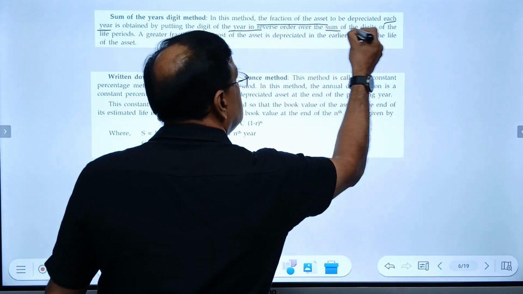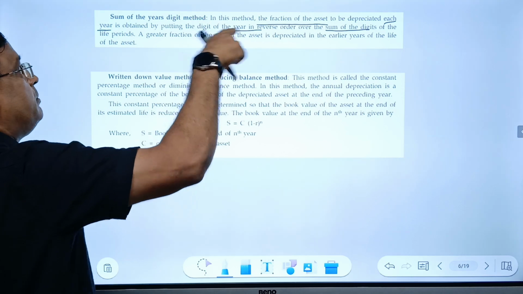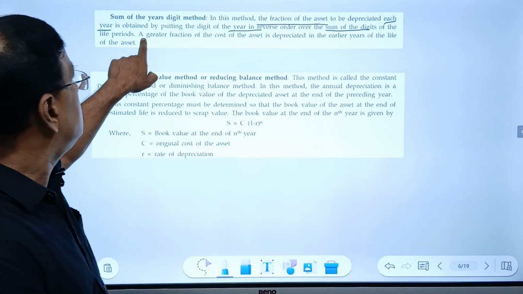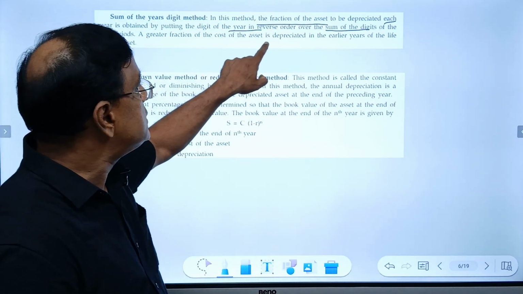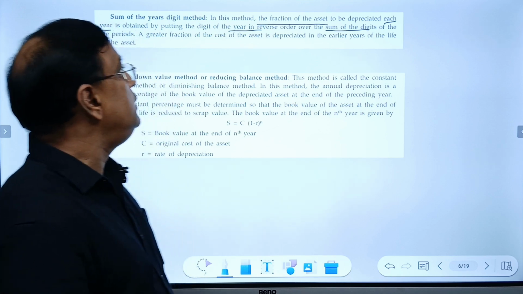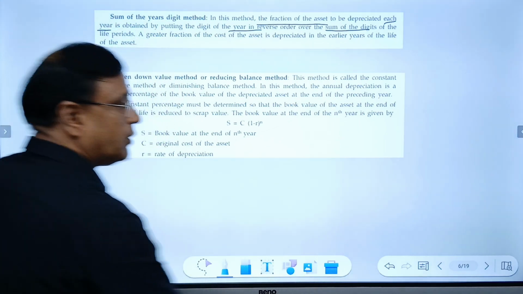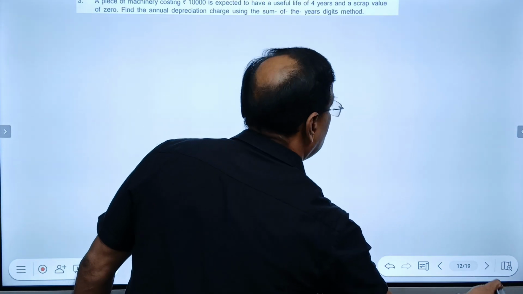Just remember this; it will be clearer while doing the problem. A greater fraction of the cost of the asset is depreciated in the early years of the life of the asset. So let's see how we go about this problem.